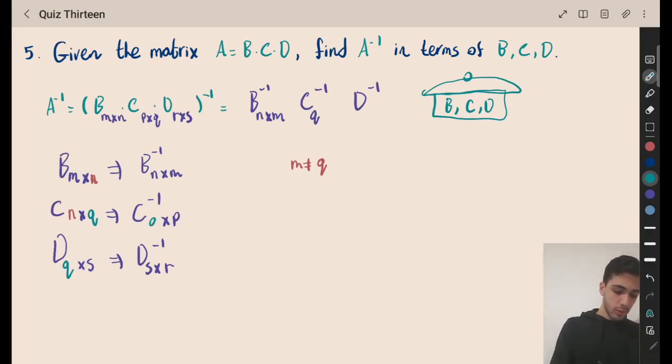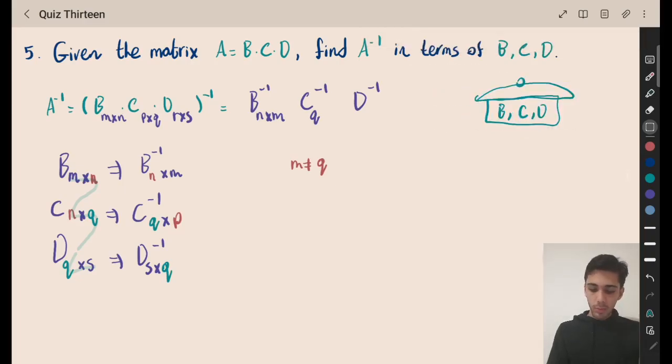So let me write this now. What we did here is we started with M, we got to N, and then N, and then Q, and then Q, and then S. Now, how do we continue on with this path? Think about this for a moment, and let me go back here.